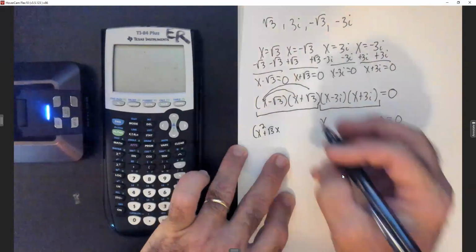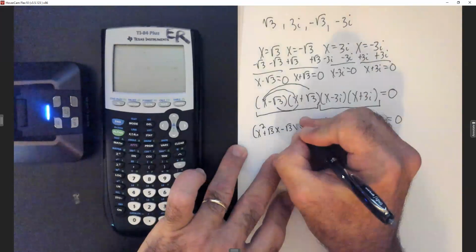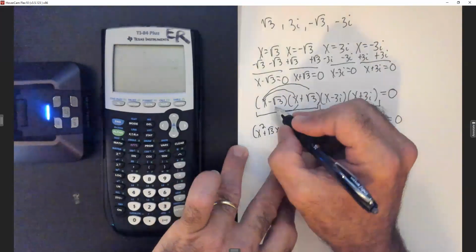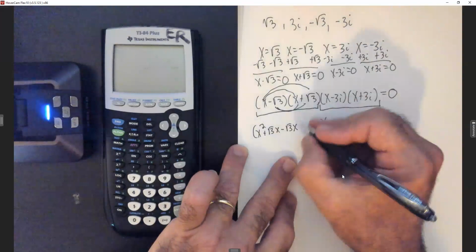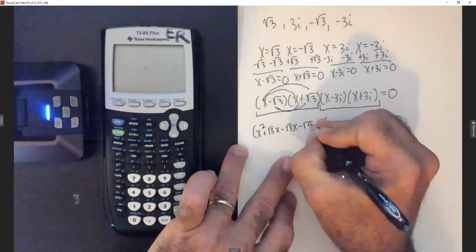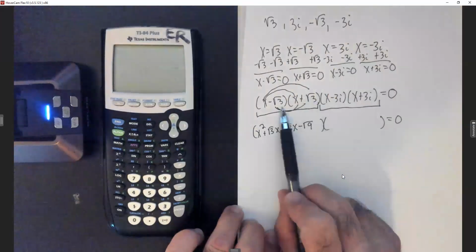Negative square root of 3 times x is a negative square root of 3 times x. And then negative square root of 3 times a positive square root of 3 is a negative square root of 9. So since the 3's were both under the radicals, you multiply them together to get that 9.